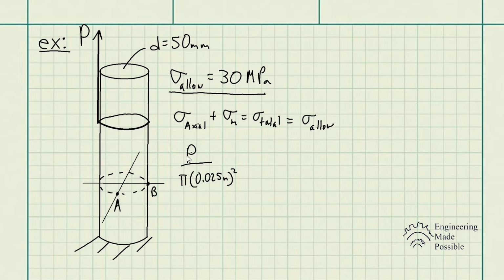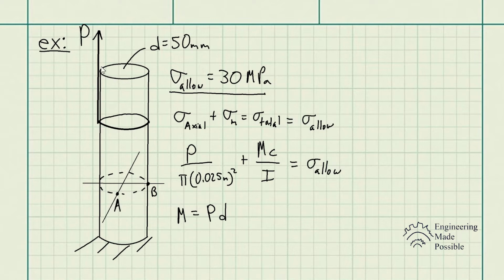So this is going to be the axial stress plus the bending stress, which is the moment times c divided by the moment of inertia, and this is equal to the allowable stress here. First off, for the moment itself, the moment is going to be equivalent to that force P times the distance from the center.